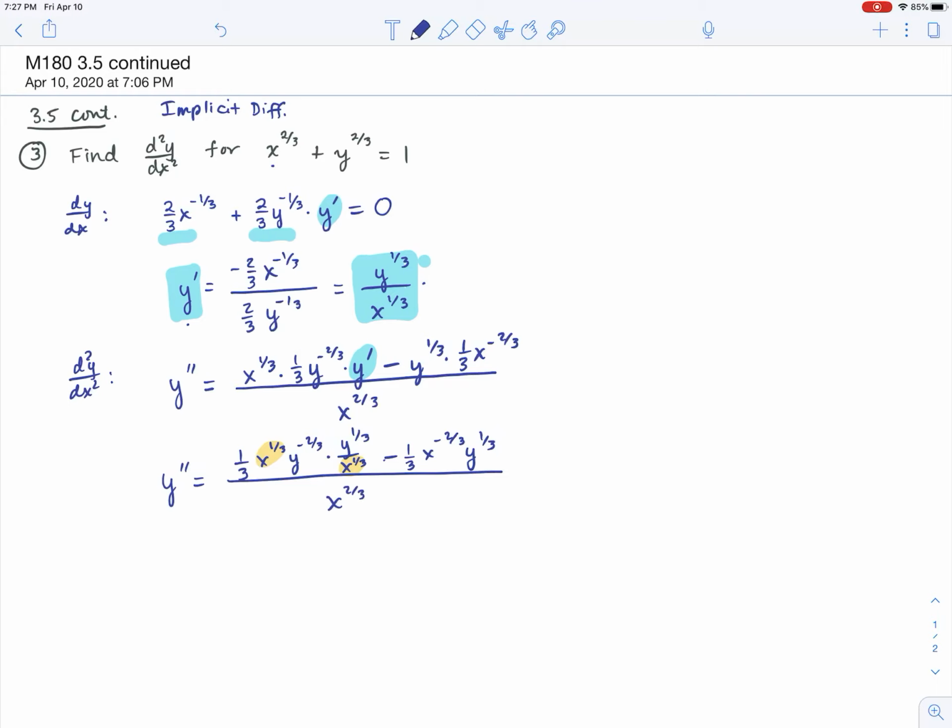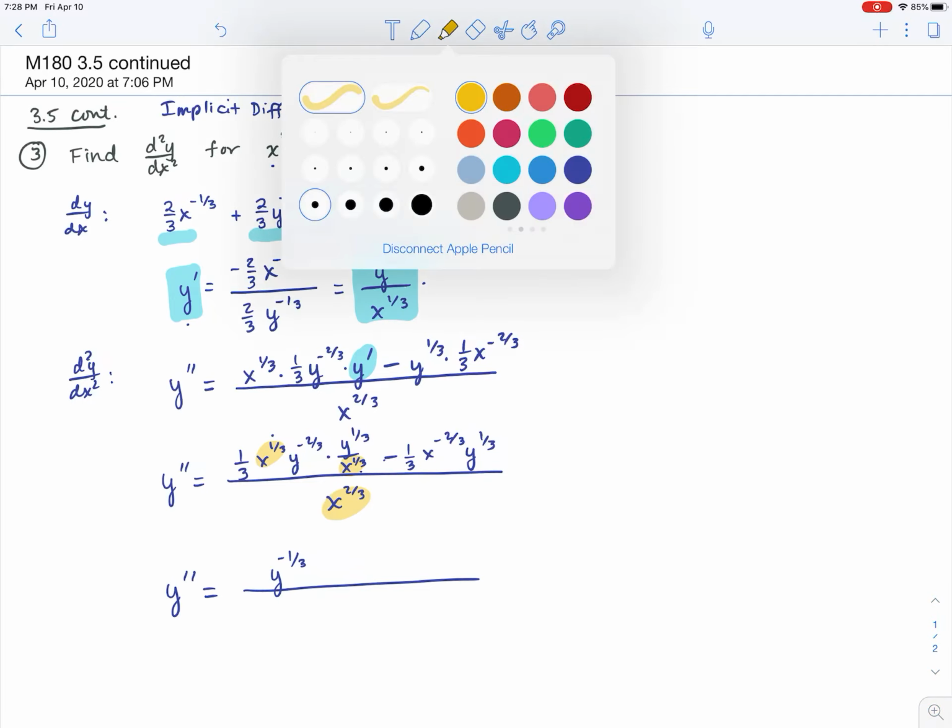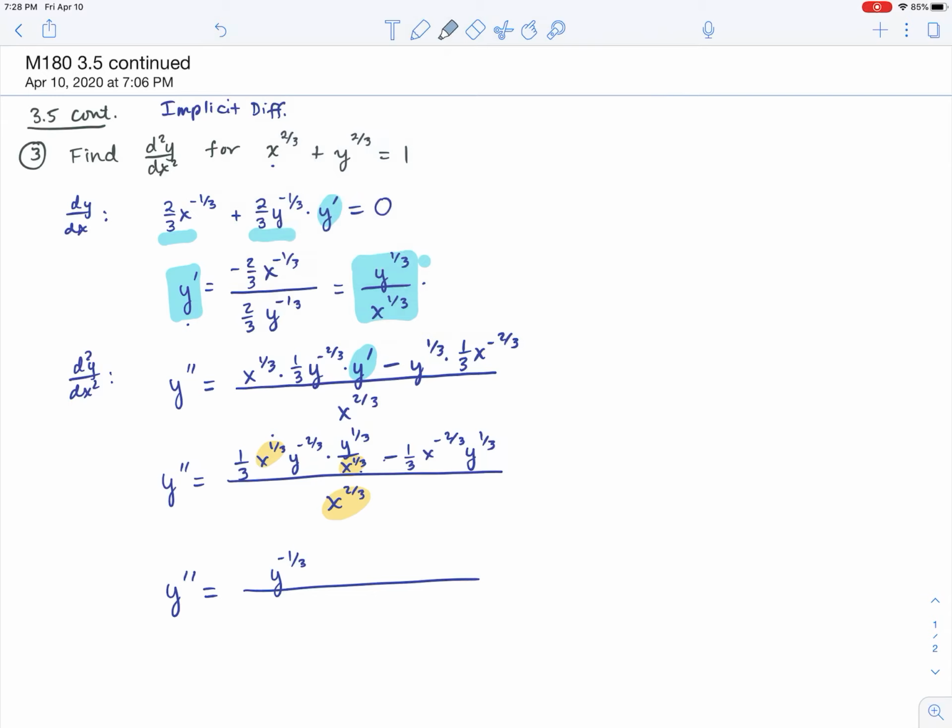So the next thing I want to do to clean this up is probably make this all into one fraction. So we've got the x to the 1/3 and the x to 1/3 canceling. So we're going to have y to the negative 1/3. Now, I don't want to forget about this 1/3 in front, so let me deal with it now.